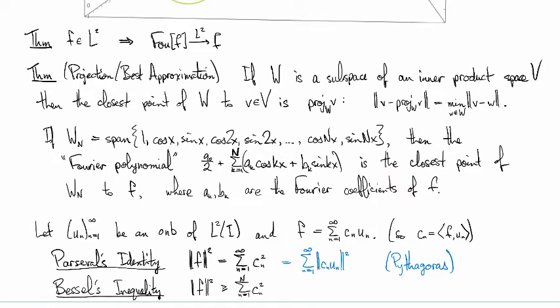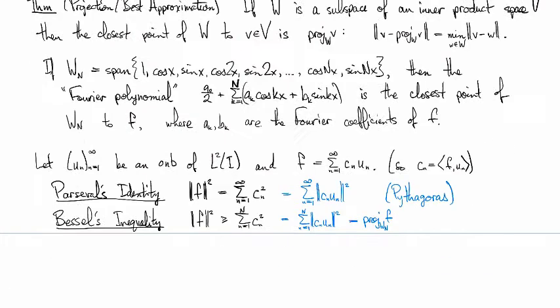And this is the same thing as the sum up to n of Cn un squared magnitude. And that is exactly the same thing as the projection of f to w sub n. And so Bessel's inequality states the obvious fact that the length of a projection is less than or equal to the length of the original thing. It just states it very nicely and precisely in the context of an inner product space.